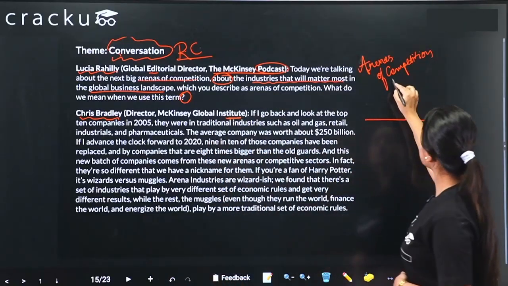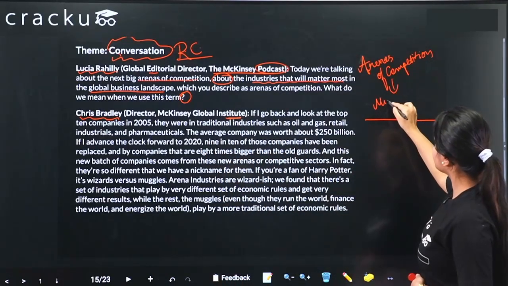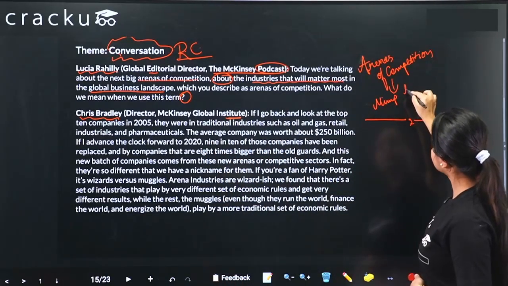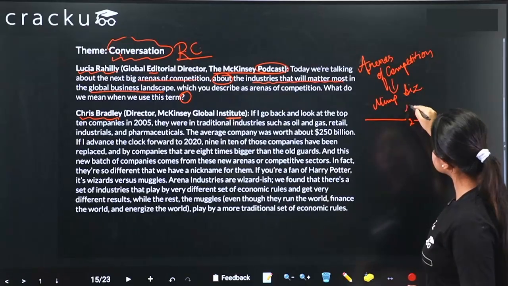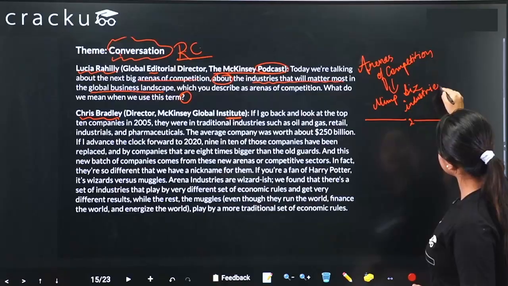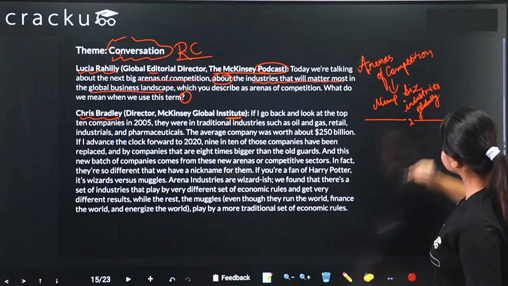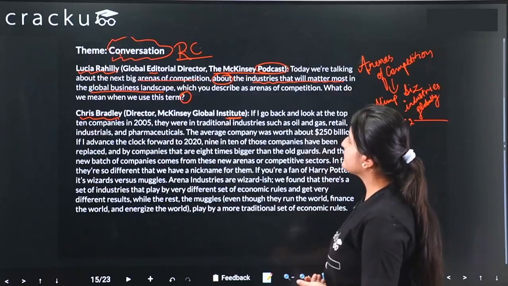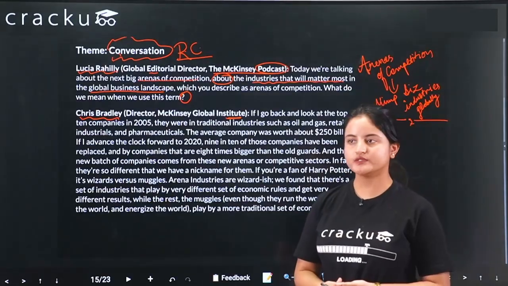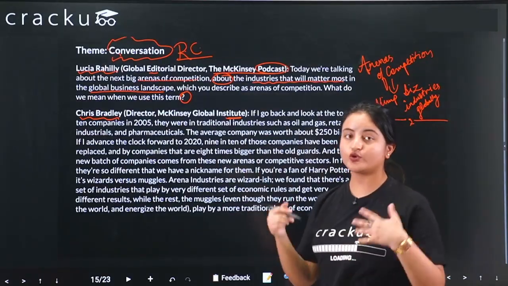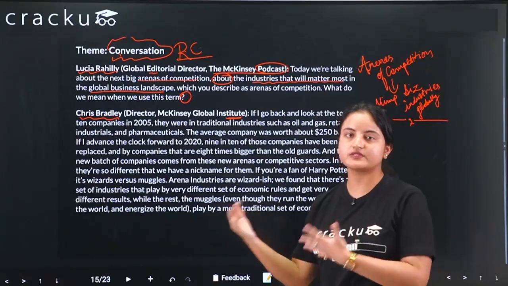So arenas of competition basically means most important business industries globally, right? Something like that it means. What do we mean when we use this term? So she is asking Chris what he means when he uses this term.